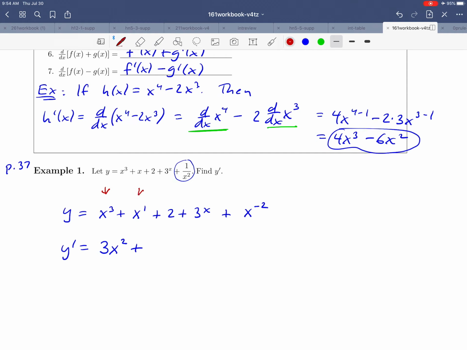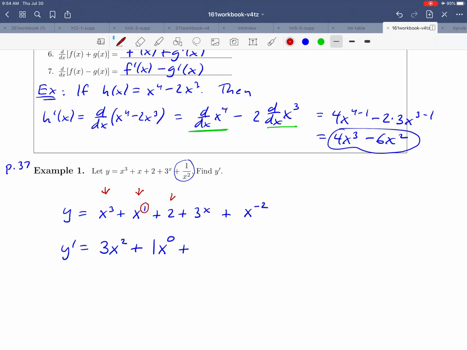And then we come to x to the first. Notice that that's also x raised to a constant power. So that's going to be the power rule again. This time, the power is 1. And so we're going to bring the 1 down and multiply by x to a power that's 1 less than 1, which is going to be 0. Okay, let's see.